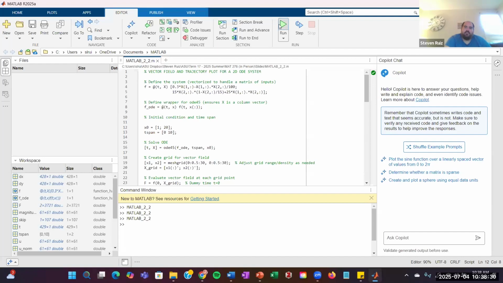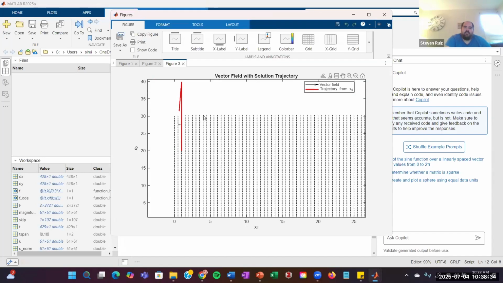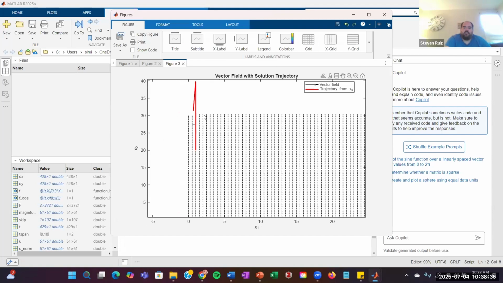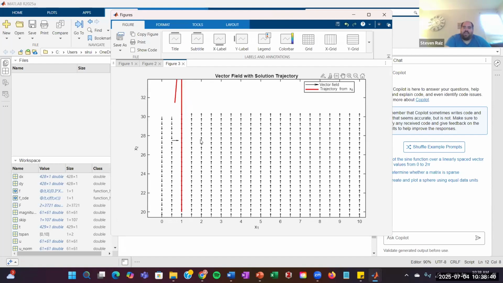So what happens here? If I run this, what's happening to the elephant population? So that's X1. Our X variable on the horizontal axis, Y variable on the vertical axis.